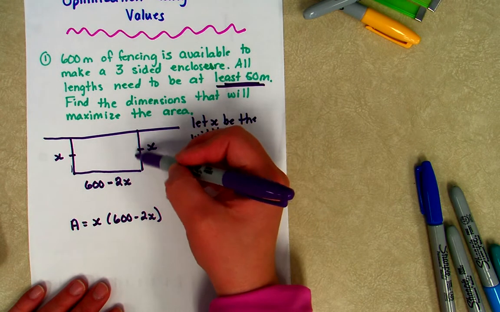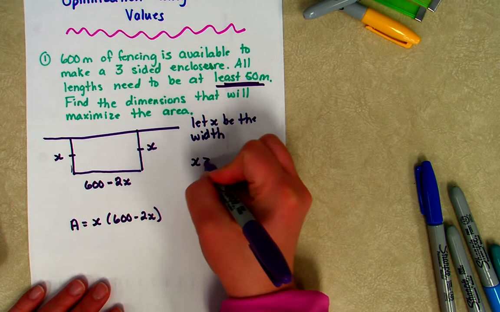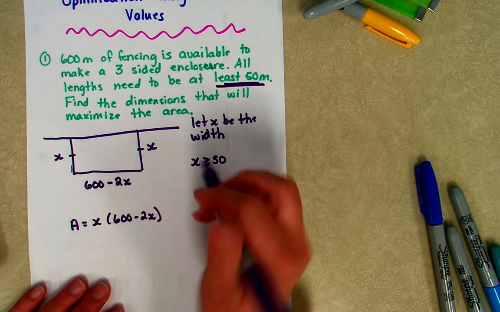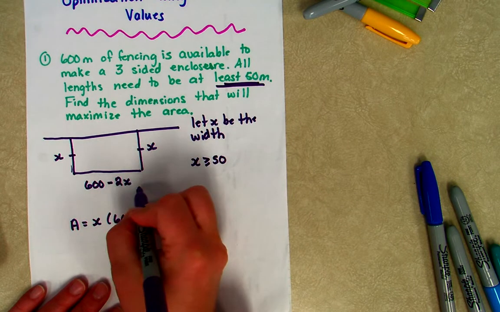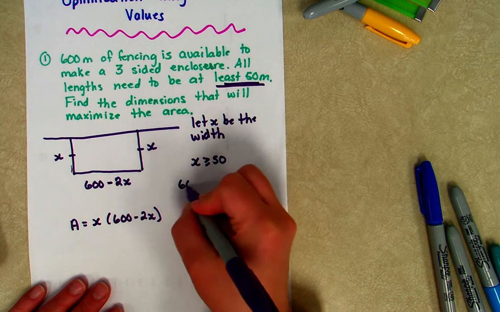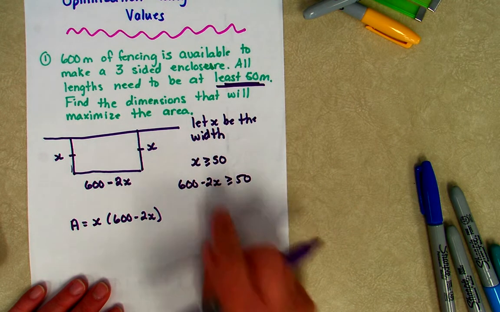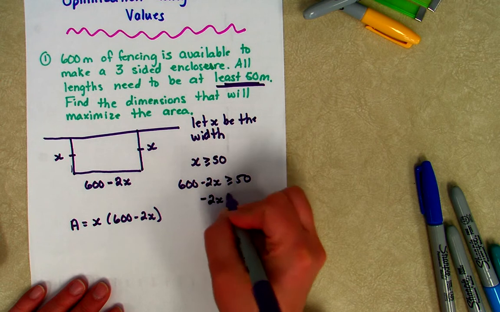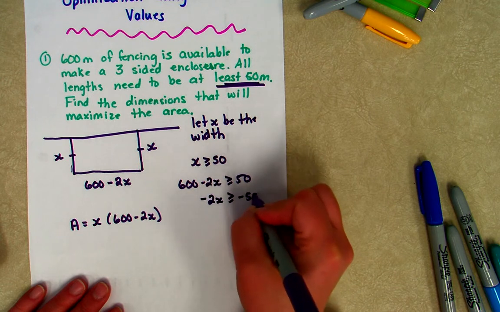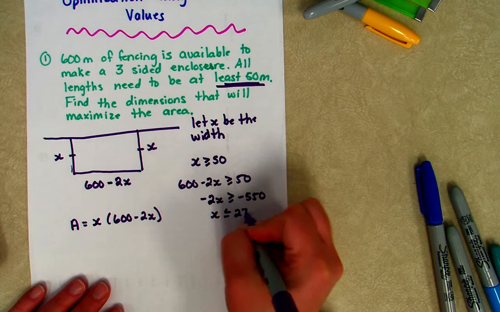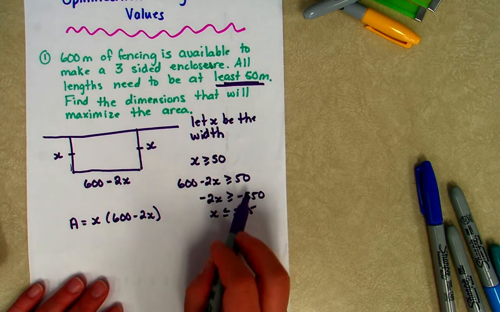That means this needs to be at least 50. So x is bigger than or equal to 50. But that also means that this length here has to be at least 50. So 600 minus 2x has to be at least 50. I can solve this for x by bringing the 600 over, subtract it.